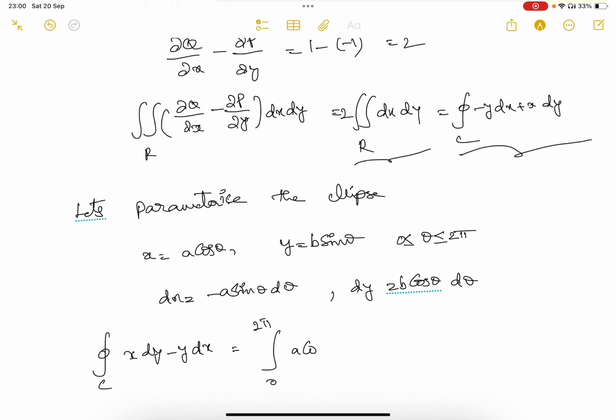Then x is a cos theta, dy is b cos theta d theta, minus y is b sin theta, then dx is plus a sin theta d theta.